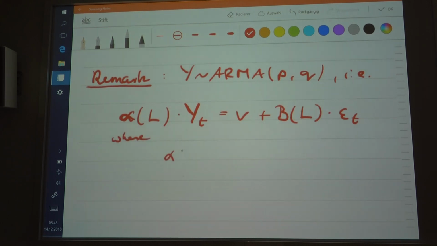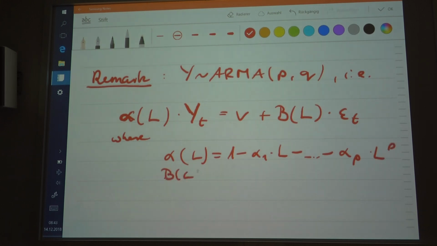So in this case, alpha is going to be equal to 1 minus alpha_1 times L minus alpha_2 times L squared, minus and so on, up to alpha_p times L to the power of p.